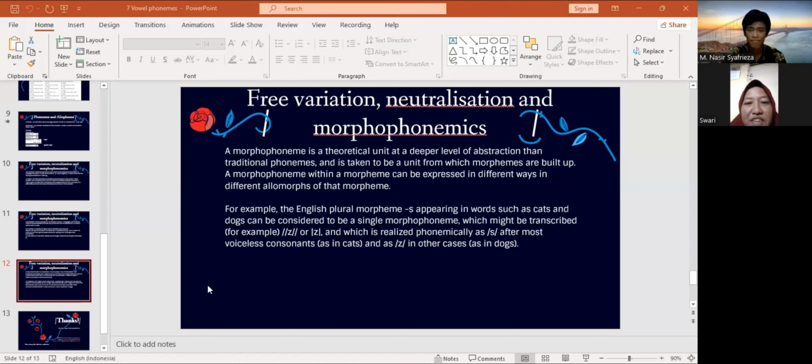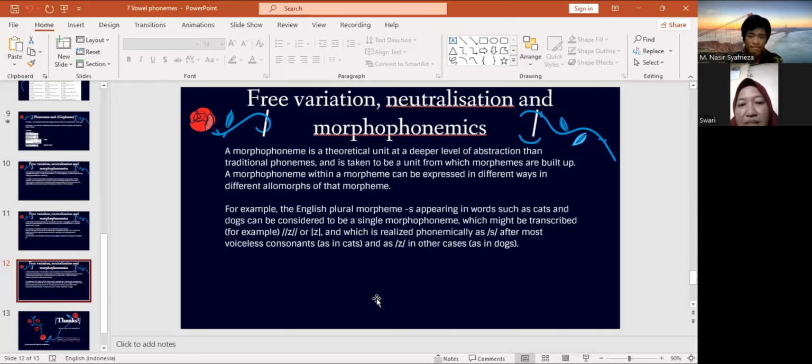Morphophonemics, or what we know as a morphophoneme, is a theoretical unit at a deeper level of abstraction than traditional phonemes, and is taken to be a unit from which morphemes are built up. A morphophoneme within a morpheme can be expressed in different ways in different allomorphs of that morpheme.